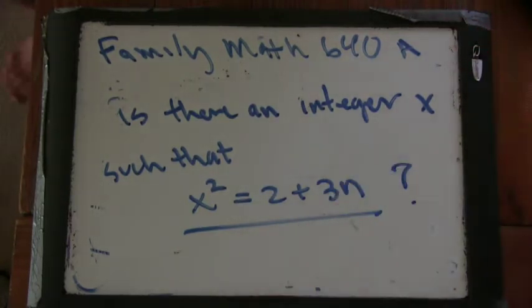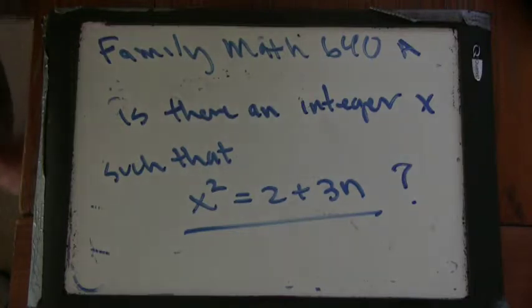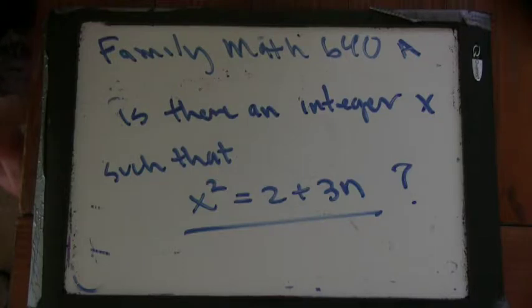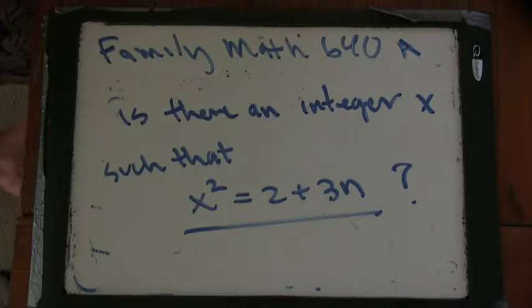That comes when we start with 2. Do we ever hit a square? So this is exactly the right question that you need to arrive at to help solve this problem. At least get part of the way to the solution of this problem.